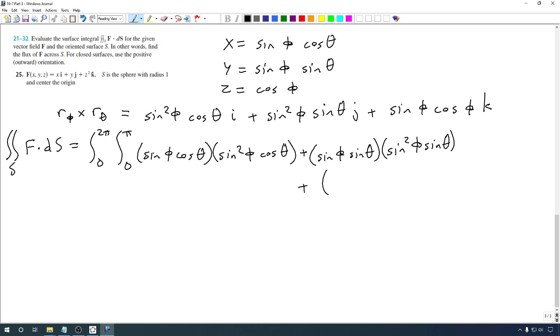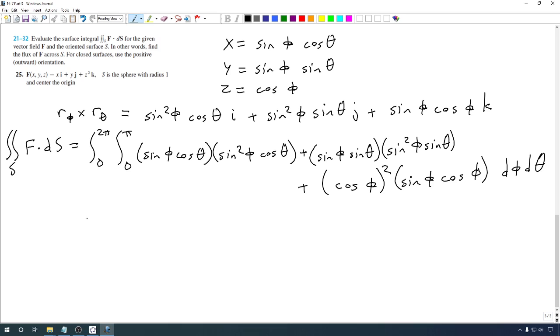Our third component is z squared. Z is cosine phi. So we have cosine squared phi multiplied by sine phi cosine phi. And that's being integrated over phi and theta.